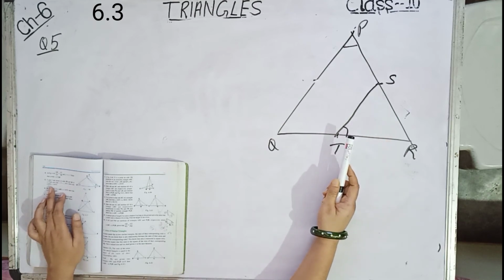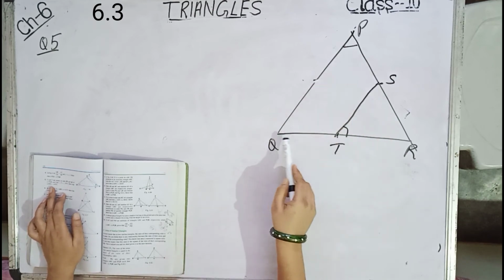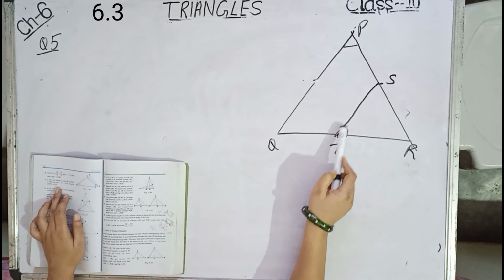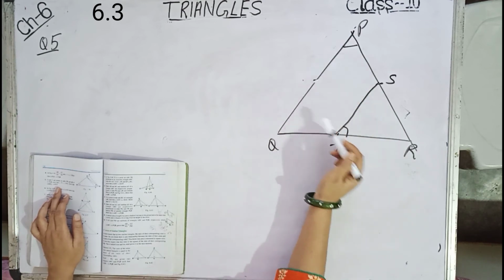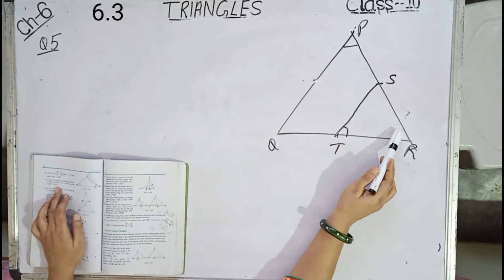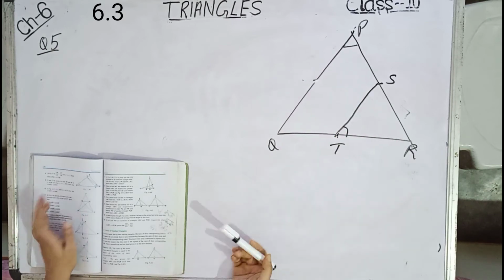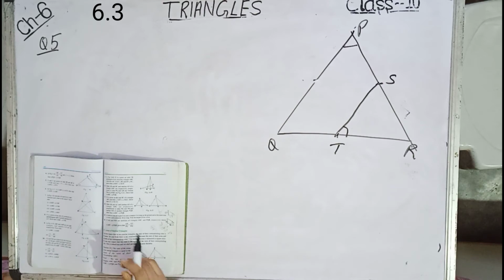We have to prove that RPQ is similar to RTS. This is a simple sum, children. In this triangle and the bigger triangle, this angle equals this angle, this one is common, and hence by double A similarity they are similar. Please do it on your own.